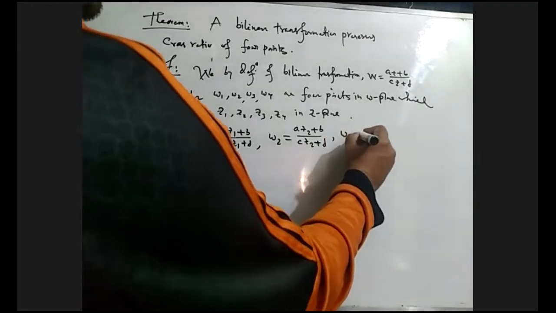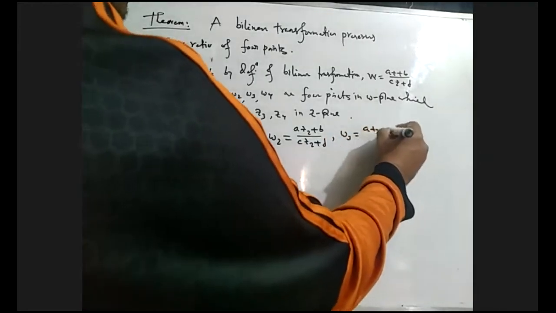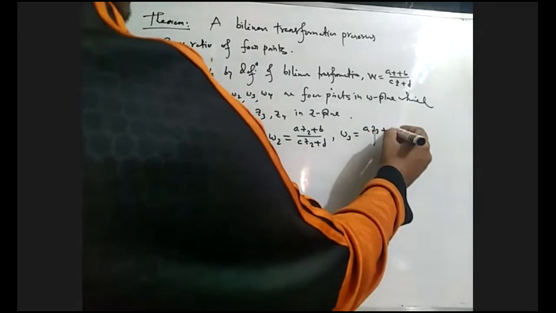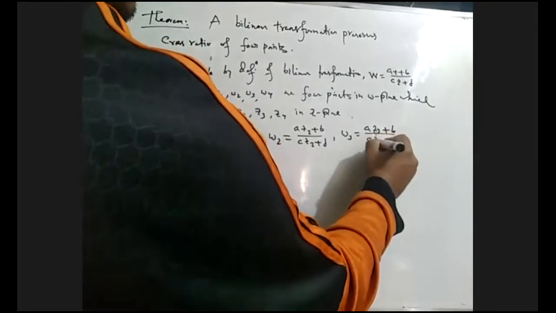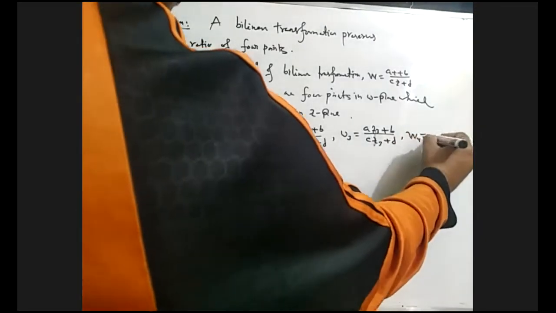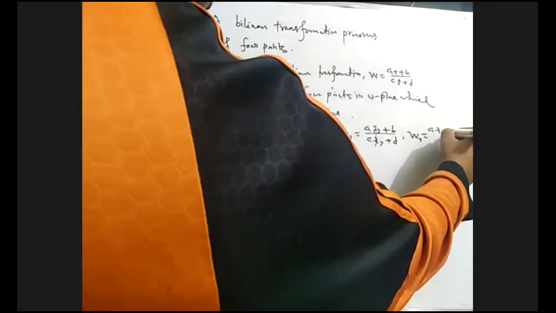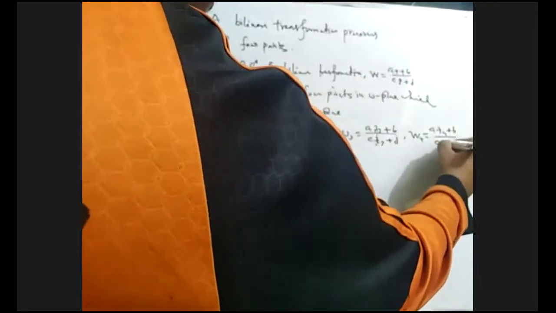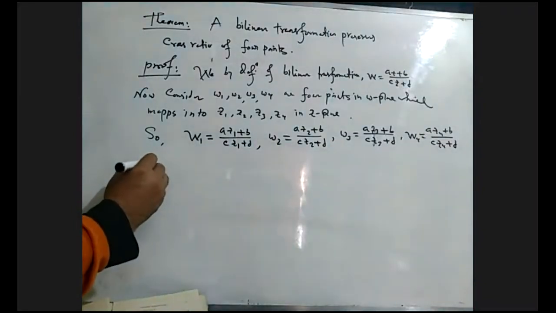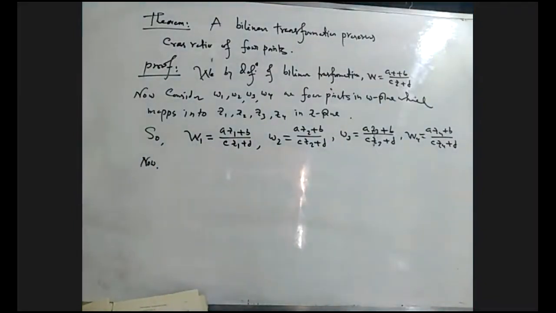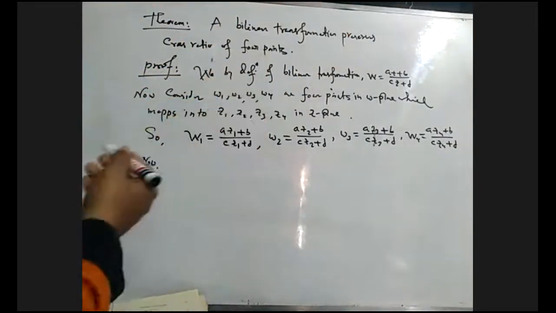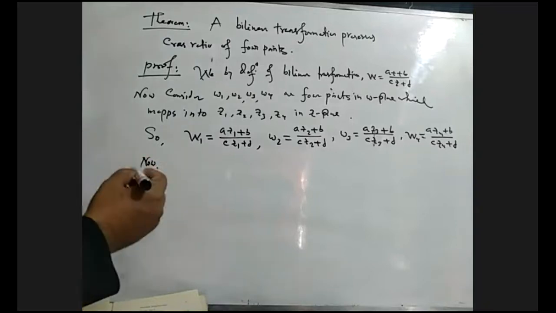W3 equals (AZ3 plus B) divided by (CZ3 plus D). Similarly, W4 equals (AZ4 plus B) divided by (CZ4 plus D). Now, because the bilinear transformation preserves the cross ratio of 4 points, we have to find the cross ratio of the images.